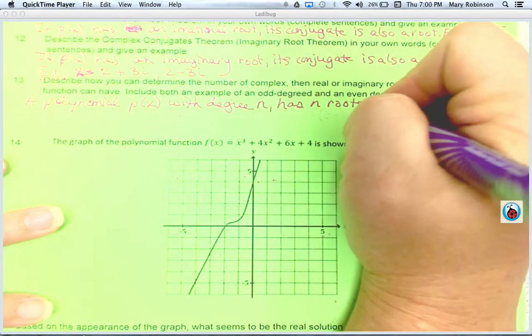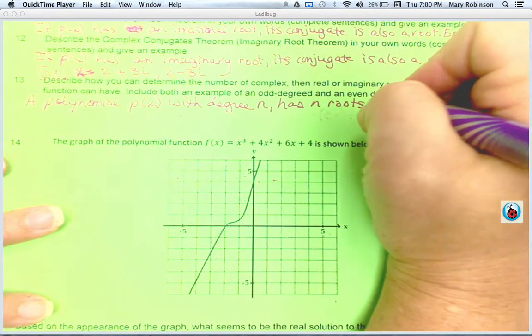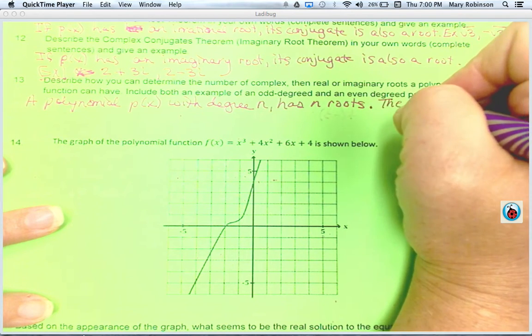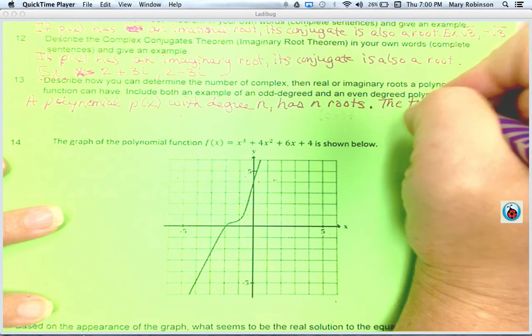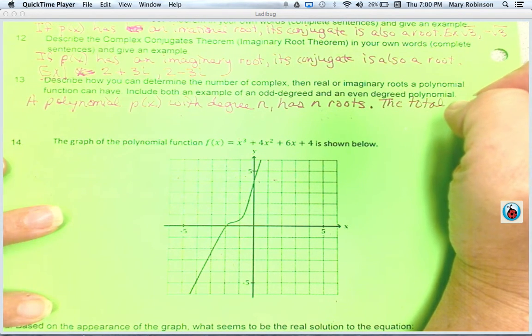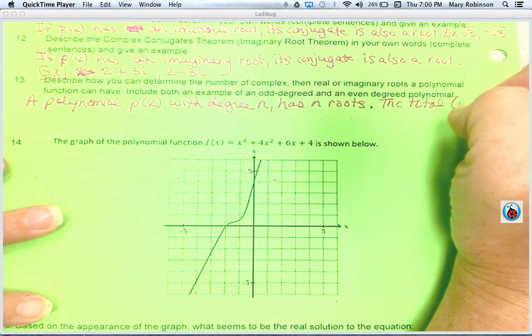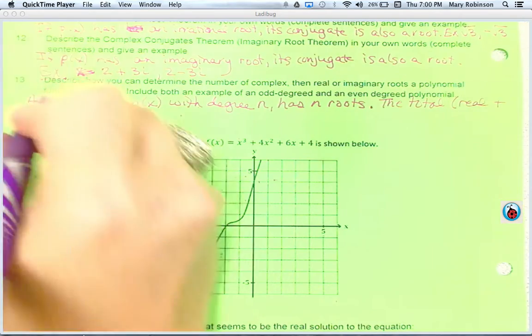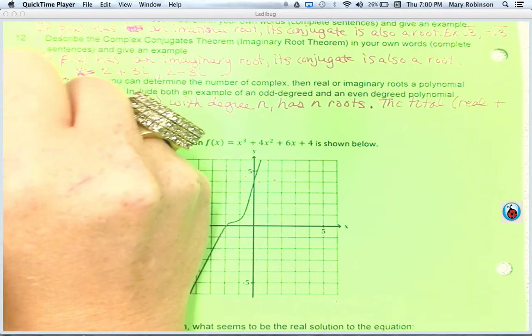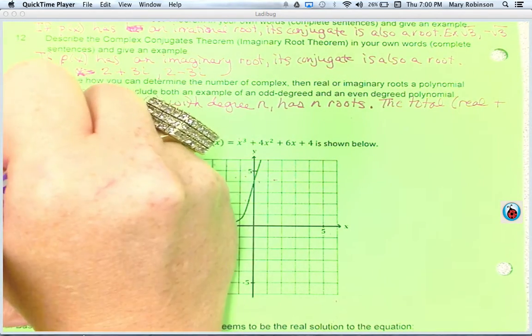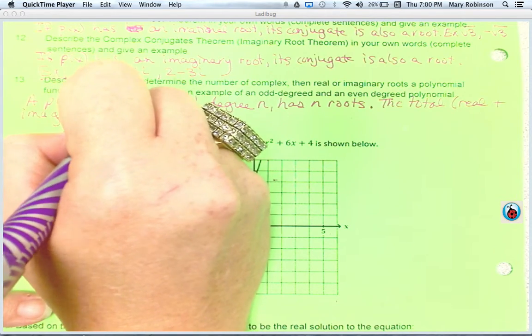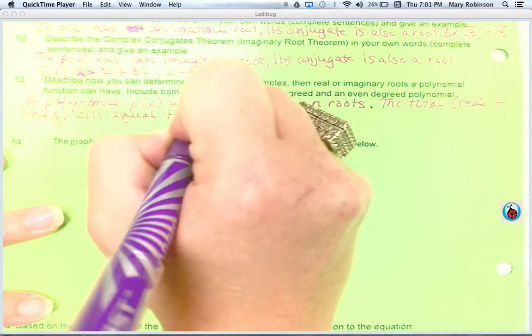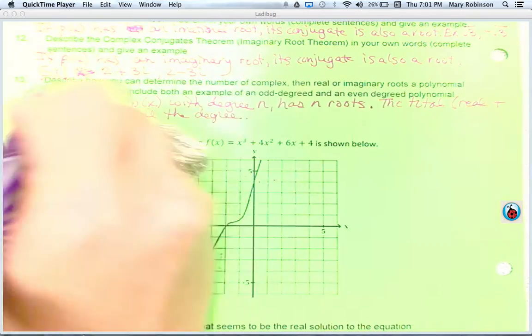And then you might want to just indicate the total made up of the real plus imaginary will equal the degree. So give me 2 examples.